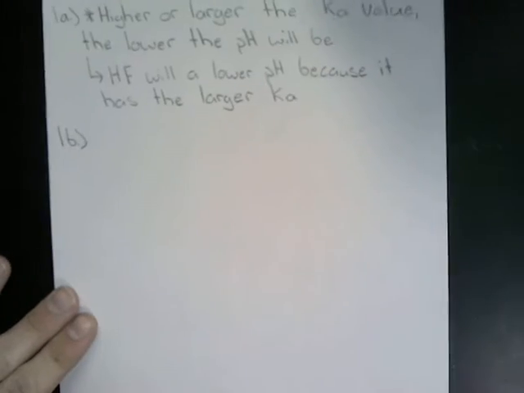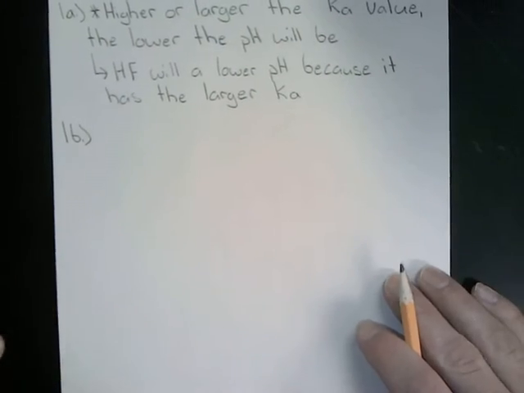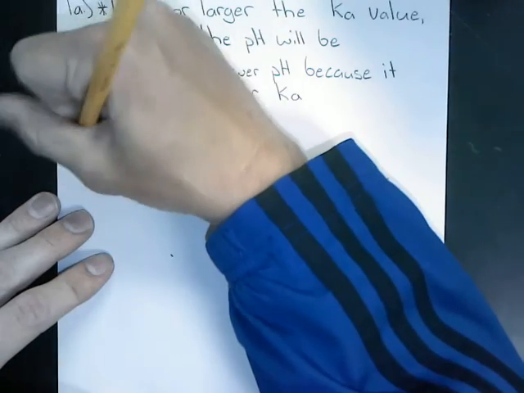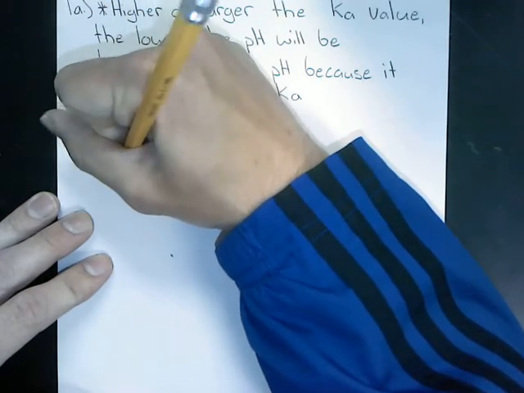So problem 1b says we need to recognize our acetic acid. What I'm going to do here is write the equilibrium expression for our acetic acid.